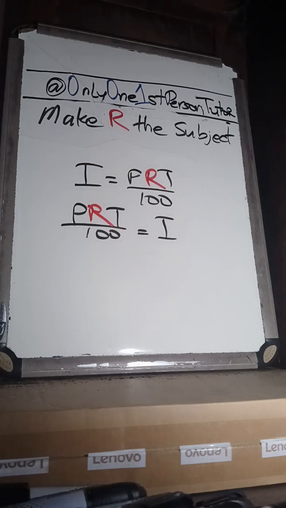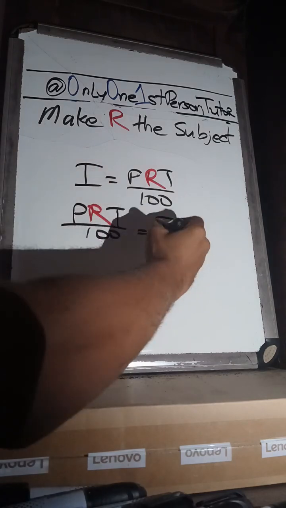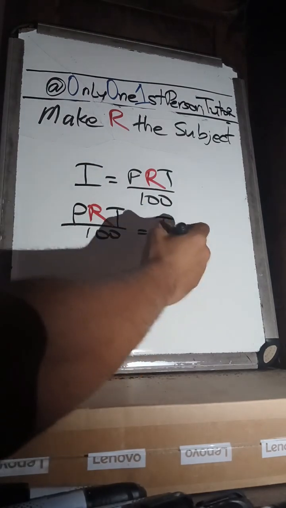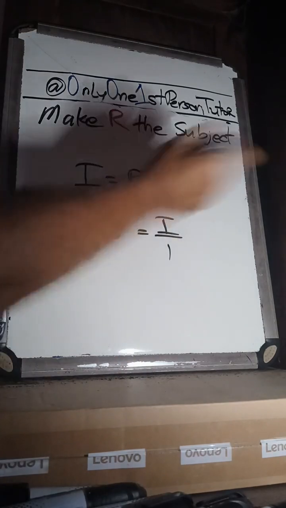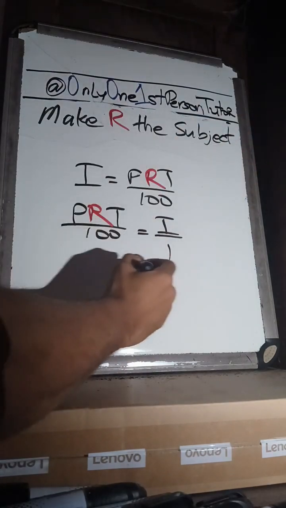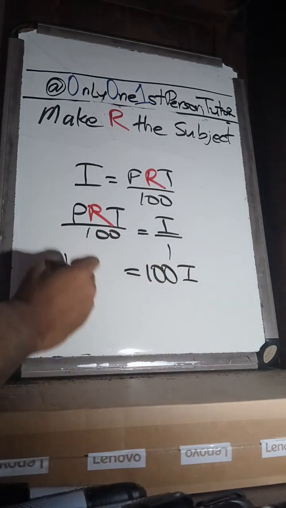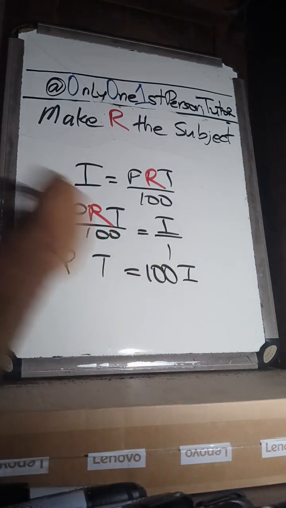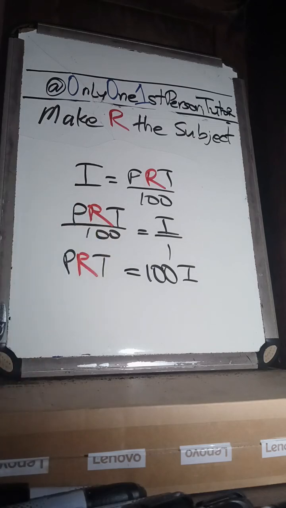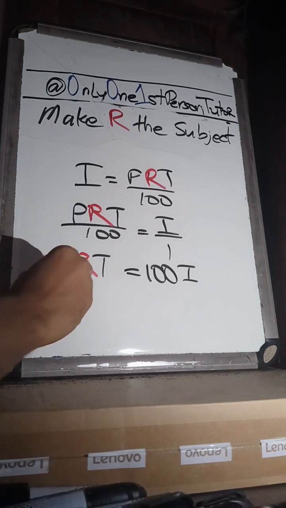So, what do you do? You multiply 1 by the PRT, 100 by the I. And you divide the left and right by everything in black.